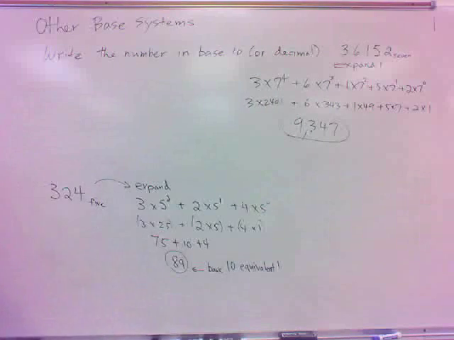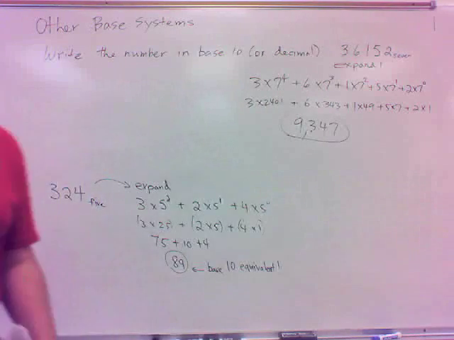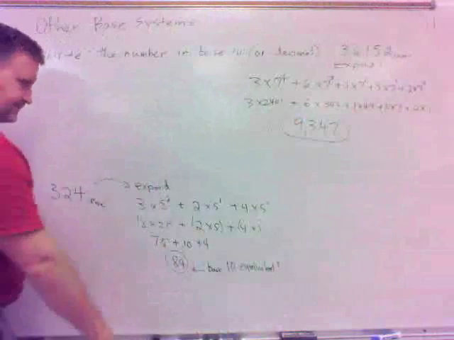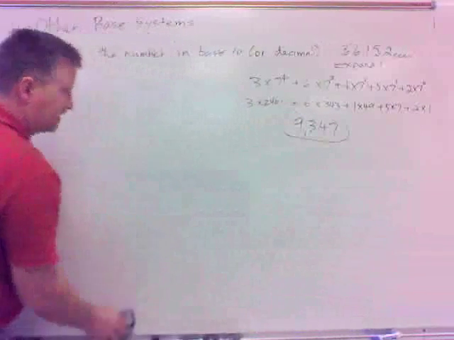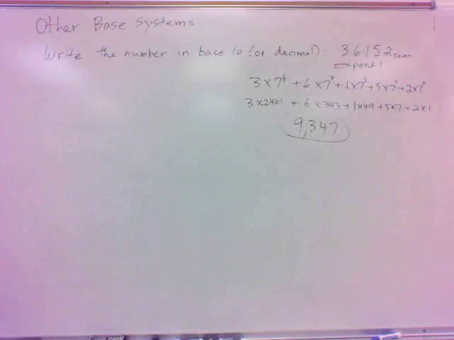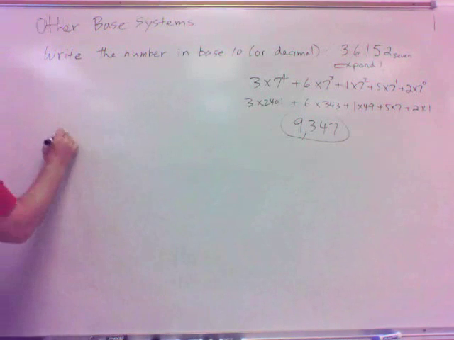Okay. All right. Now, let's talk about base 2 for just a second, because it's actually a pretty widely used base. I mean, it's not nearly as much used as base 10, but base 2.